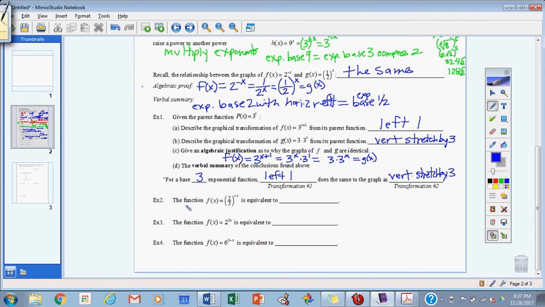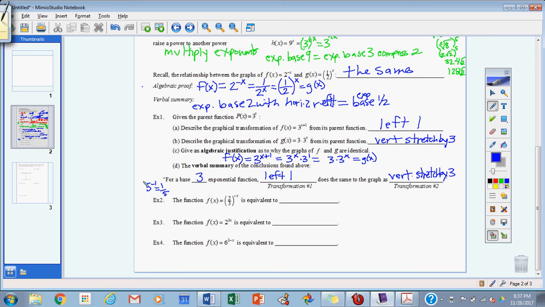I'm going to go through these two here, and I would love for you to try to see what these are without me. I'm going to speak them out for the sake of time, but we're going to have you write these verbally as well. The function f of x equals 2/3 to the negative x power is equivalent to, well, any fraction to the negative power, like 5 to the negative first power, is equivalent to 1 over 5, right?